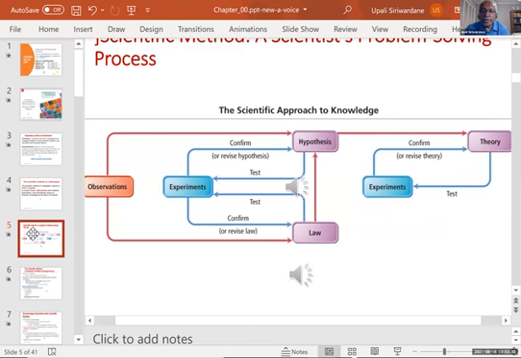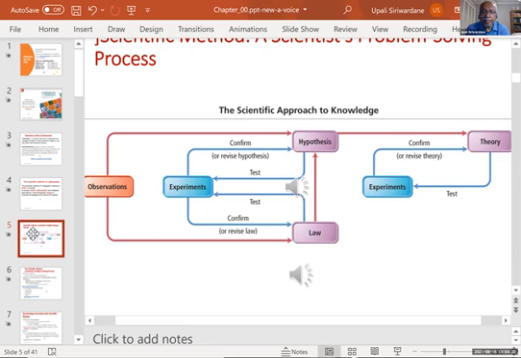A hypothesis is a tentative explanation of an observation. Then a hypothesis becomes a theory when it's confirmed by many scientists. Experiment is the first step in chemistry; scientists do experiments. They also come up with laws.